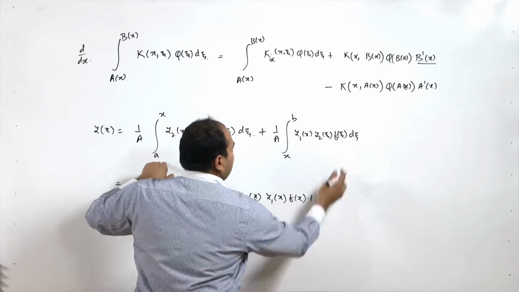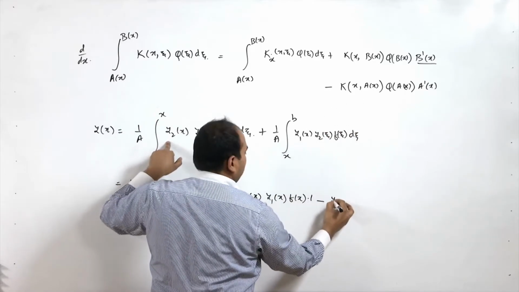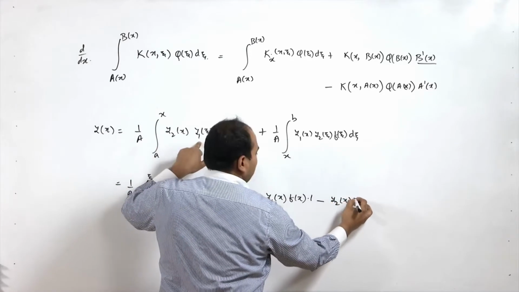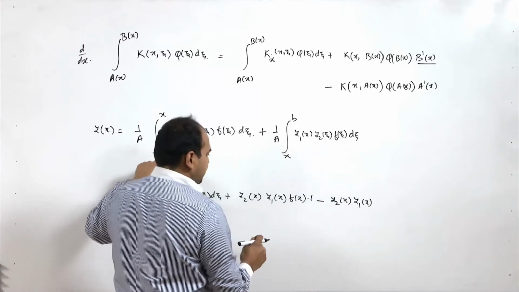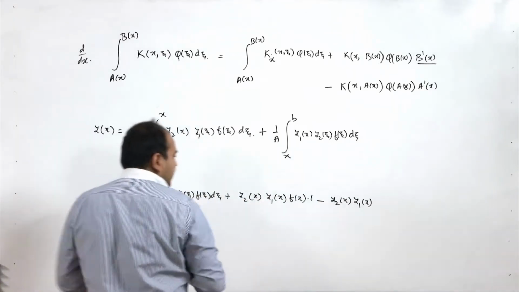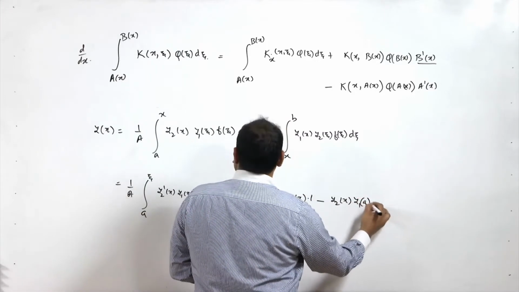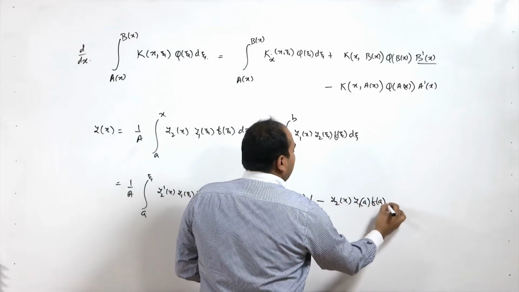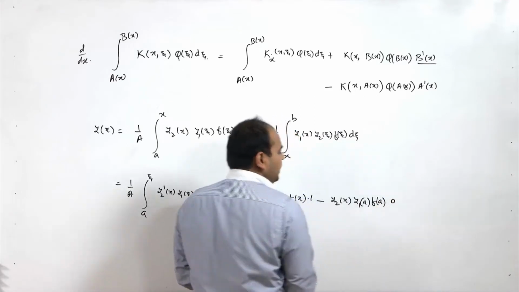And if you look at this term, we have y2(x) y1(x), here the lower limit is a, so I'm writing xi as a, so we simply write y1(a) f(a), and if you find the derivative of a with respect to x, that is going to be 0 here.